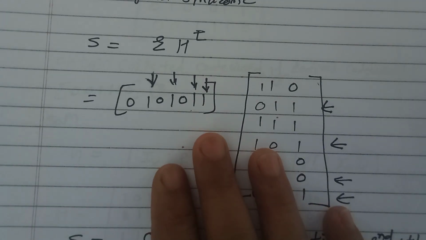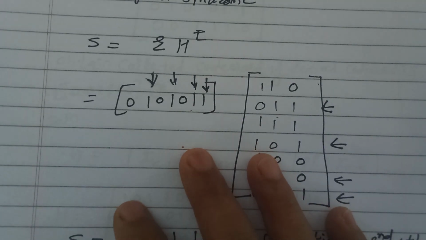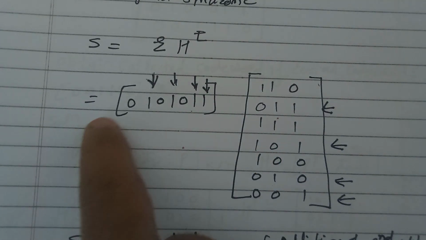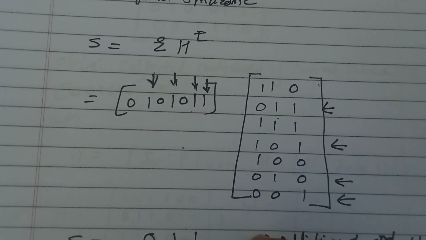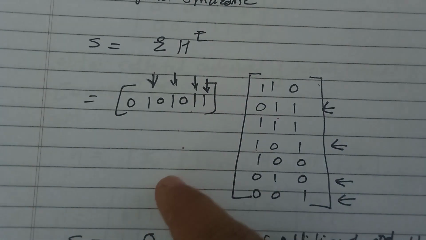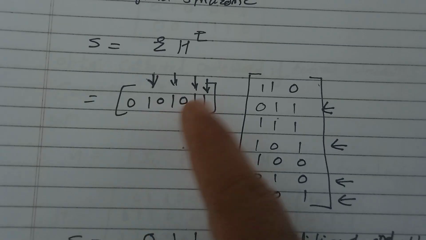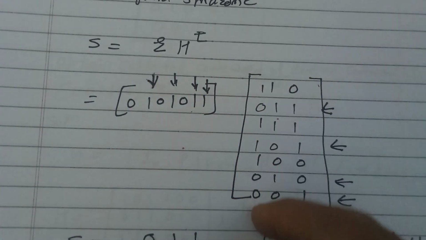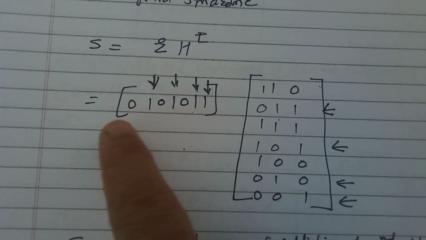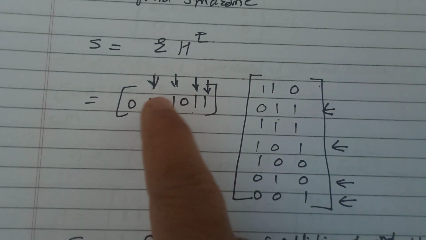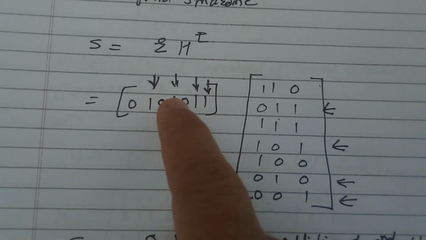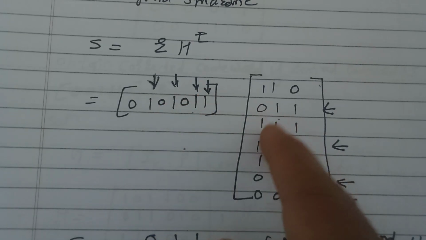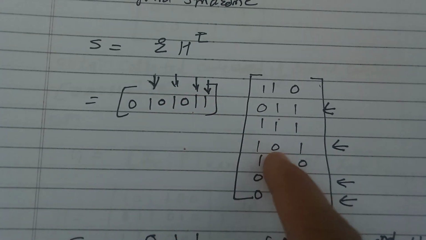You can go by your traditional method of matrix multiplication. That means this row, this column, all the bits are multiplied, then XOR is done, and you will get 1 bit. After that, this row, second column, you will get 1 bit. You have to multiply 0 into 1, then 1 into 1, plus 0 into 1, plus 1 into 0, likewise.